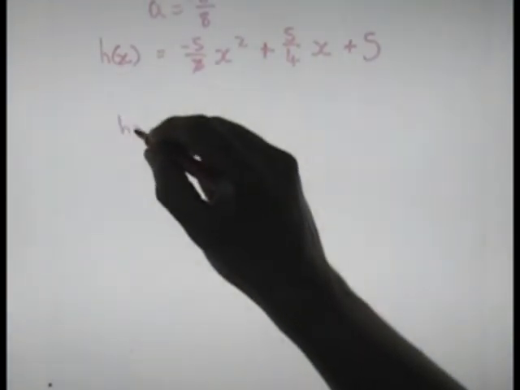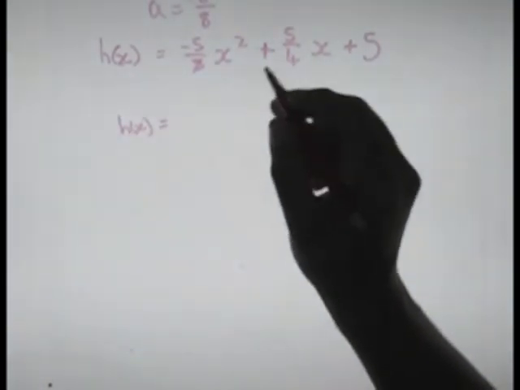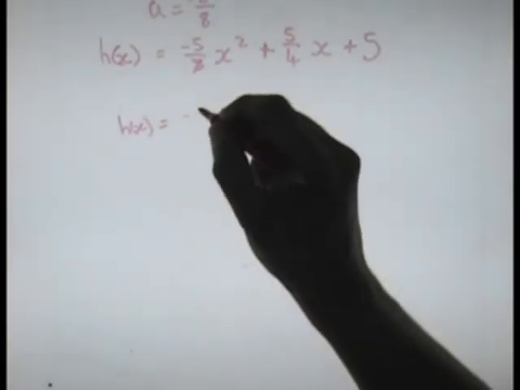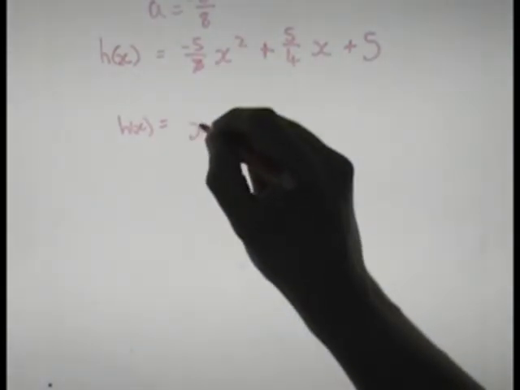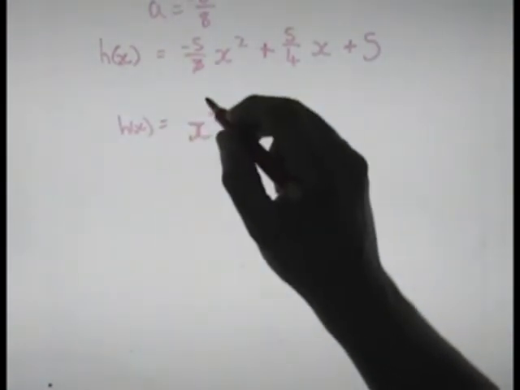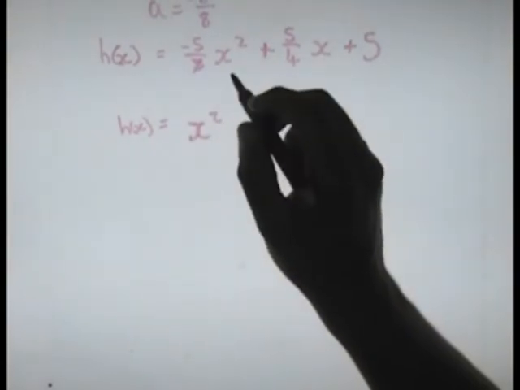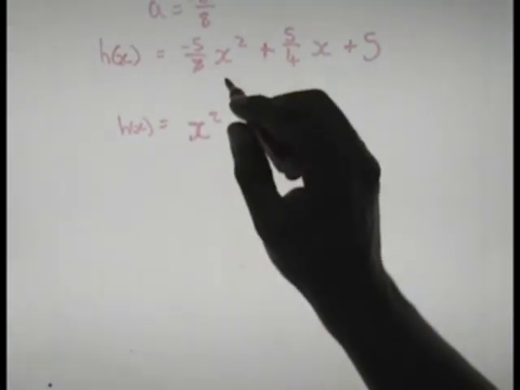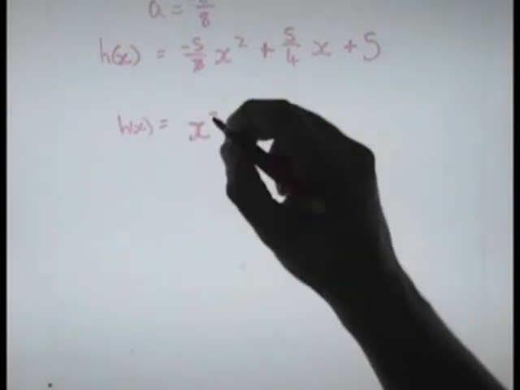The way I'm going to do that is I'm going to complete the square. h of x is equal to minus 5 over 8 x squared. So to get that x squared on its own, I'm going to have to multiply it by 8 over negative 5.